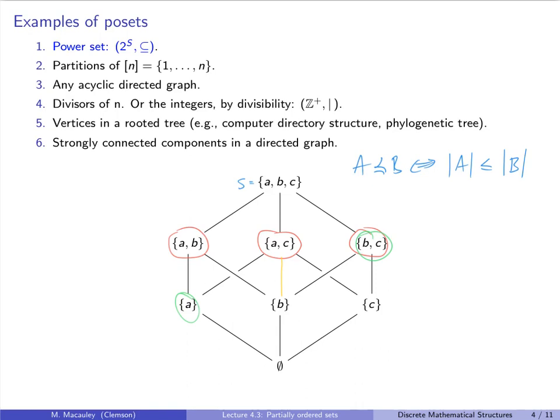So for there, I would have to add an edge from A to BC and from C to AB. And if we did that, we get a new poset, which is an extension of the power set poset. It is not a linear extension, though, because we still have things like A is incomparable with B.